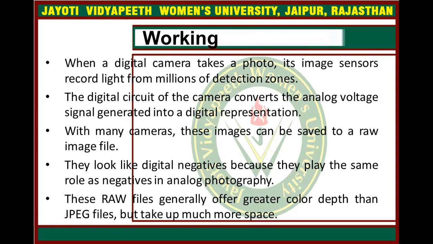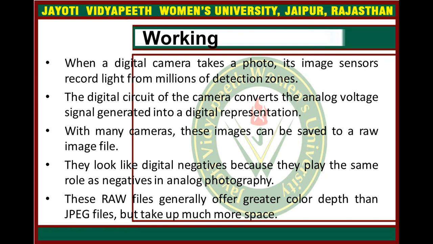Now we come to the working. When a digital camera takes a photo, its image sensor records light from millions of detection zones. The digital converter of the camera converts the analog voltage signal generated into a digital representation.